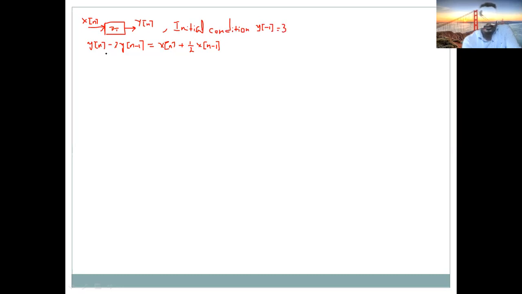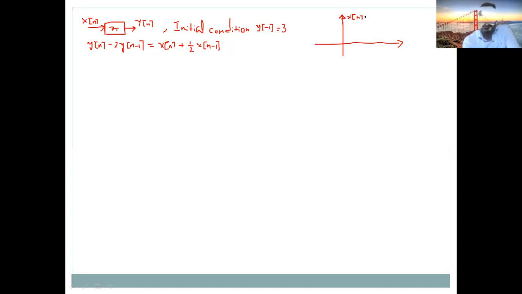The difference equation is given. Input is given. This input value x of n is given. In this case, it is a unit step. We apply a discrete time unit step signal as input. Okay, as input. So what is x of n?